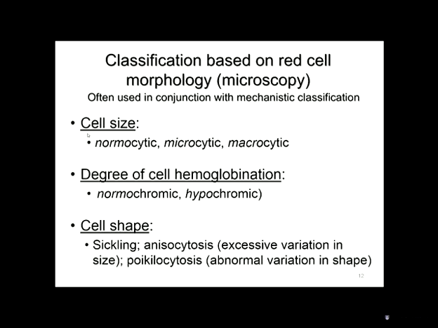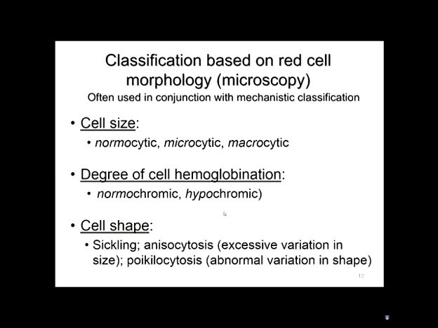So cell size, obviously normal size, that would be normocytic, meaning that the patient is anemic, but the cells are normal in size, suggesting that they might just not be making enough red cells. Microcytic means the cells are smaller than normal. Macrocytic, cells are larger than normal. So you can have anemias in each one of these categories. And again, we'll look at some examples and you'll see why that is.